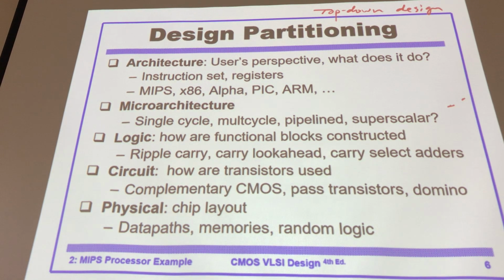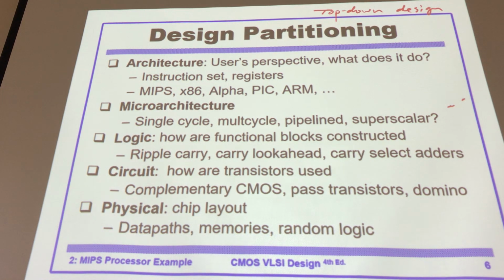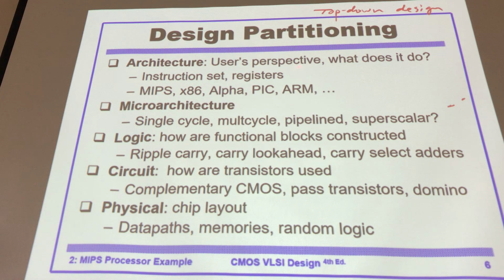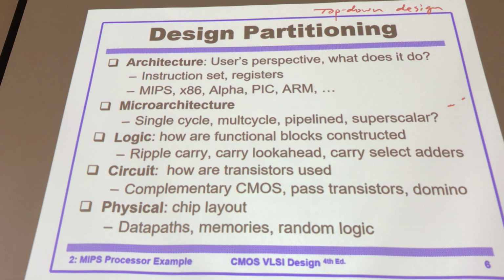So, starting from the architecture, given that we are going to design the CPU, what is your architecture? How do you define your CPU? Typically, it's from the user's point of view. What does the chip do? For example, if we're designing a MIPS CPU, you need to define your instruction set, right?